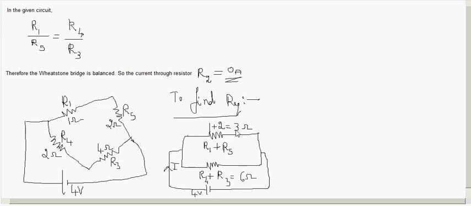Now 3 ohm and 6 ohm are in parallel. Therefore 1 by R equivalent is equal to 1 by 3 plus 1 by 6.